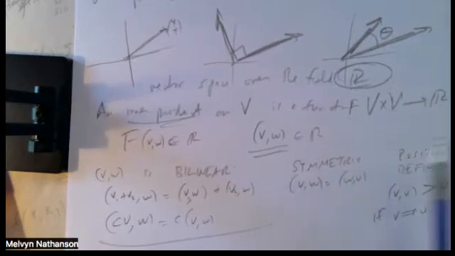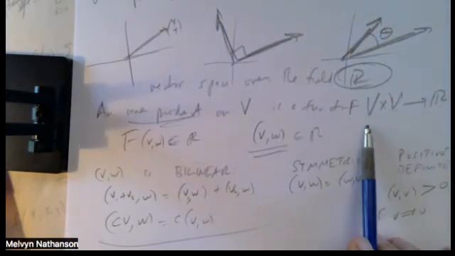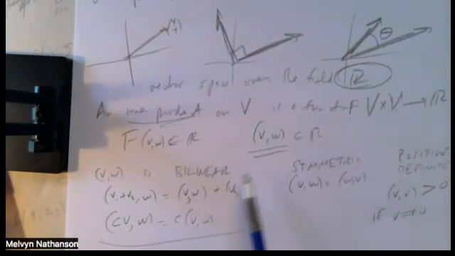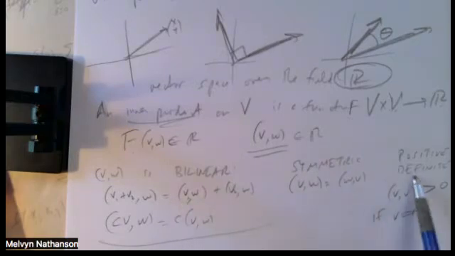So an inner product on a real vector space is a function that assigns a number, or a scalar, to every ordered pair of vectors. And this function is bilinear, it's symmetric, and it's positive definite.